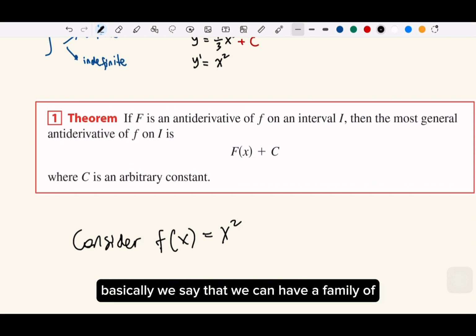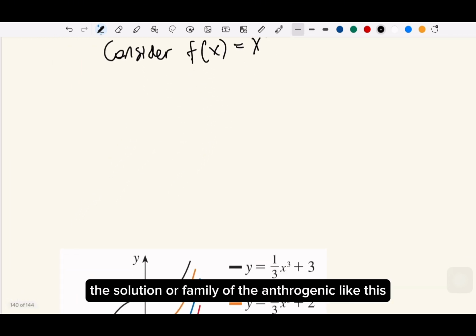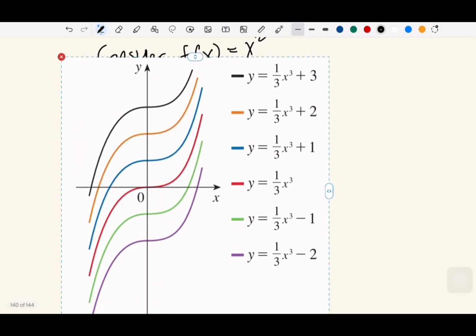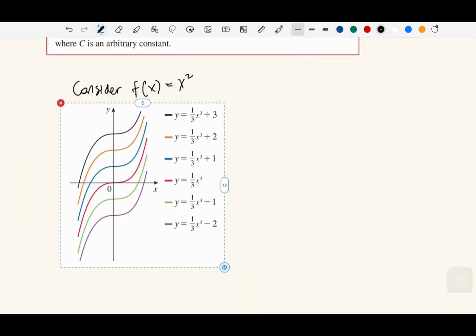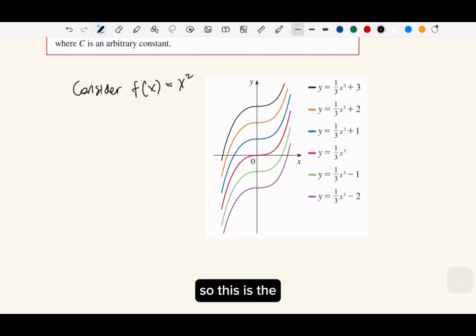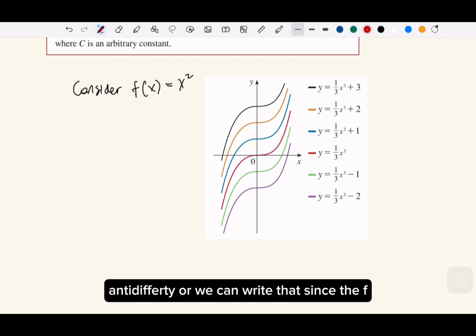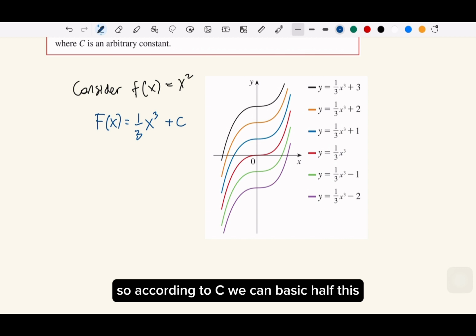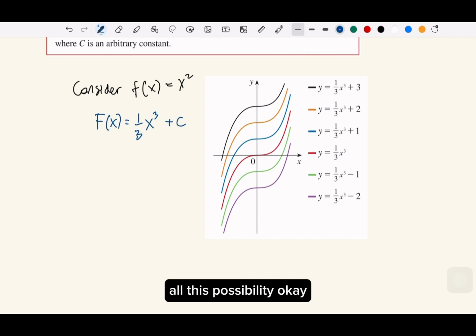Basically we say that we can have a family of solutions, or a family of antiderivatives, like this. So according to c, we can basically have these possibilities, okay?